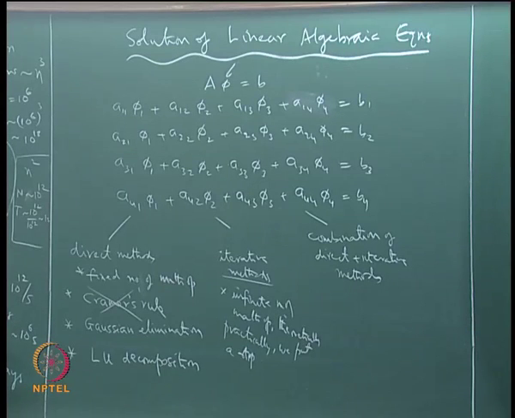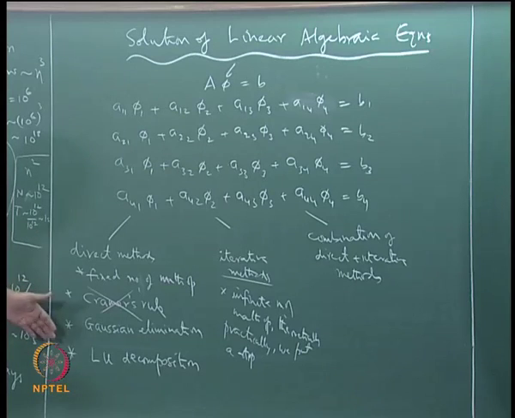And there are also other methods which can be called direct methods in theory, but because of finite accuracy of computation numerically they become in some way iterative methods. We will mention those things later on.